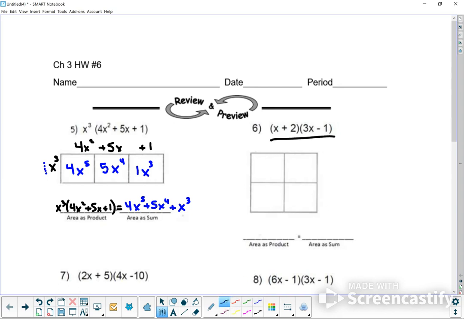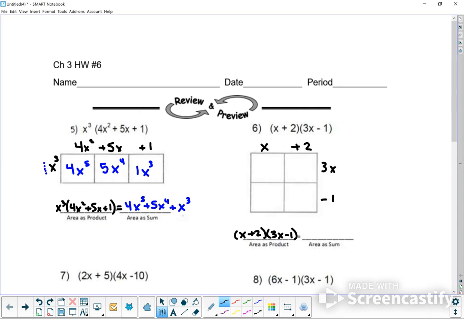Okay, so area as a product, you already have it. It's right here. So this is going to be x plus 2, 3x minus 1. Okay, let's write that down. x plus 2, because I'm kind of short on space, I'm going to write it on this side. And 3x minus 1.